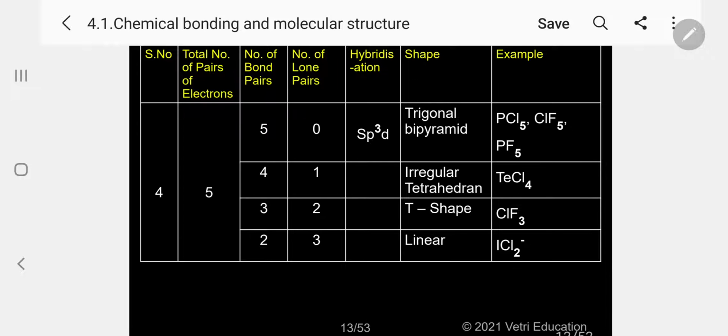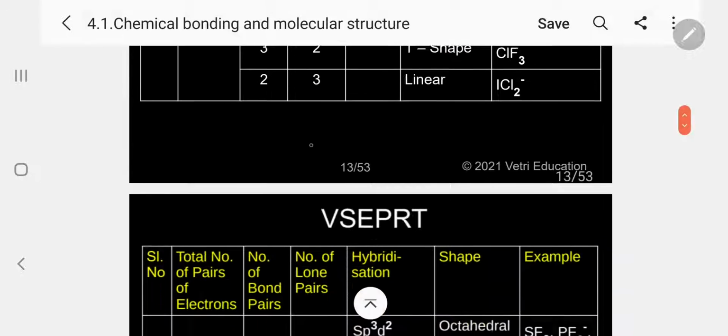Again, 5, 0, sp3d, trigonal bipyramid, examples PCl5, PF5. 4, 1, irregular tetrahedron, that is TeCl4, tellurium tetrachloride. 3, 2, T-shape, ClF3. 2, 3, linear, ICl2 minus. Kindly follow.